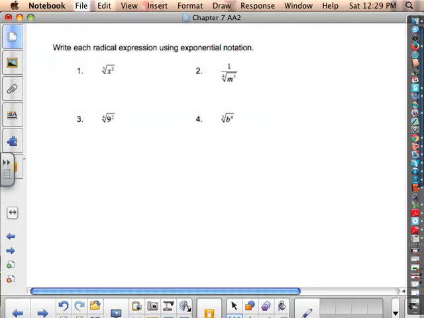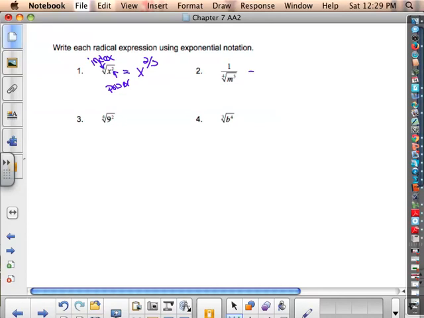So let's take a look at writing each radical expression using exponential notation. So this becomes x to the 2/3. Remember, the index is in the denominator and the power is in the numerator.